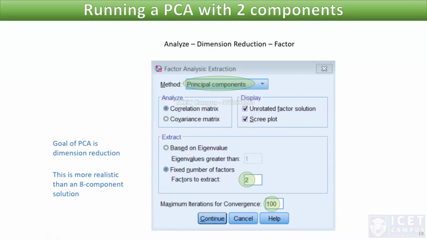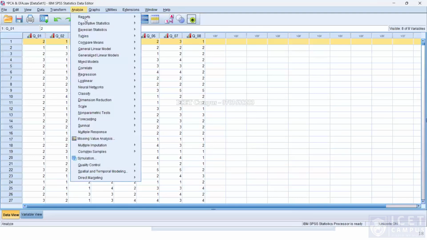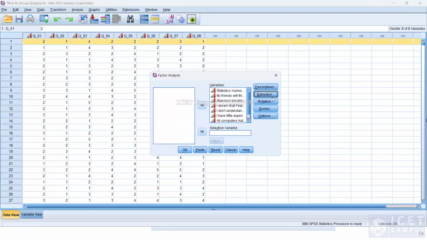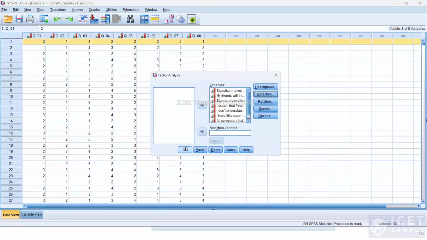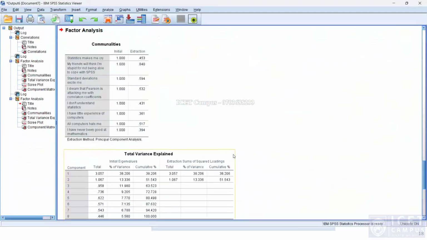Then we can go again the same path, right? Analysis, dimension reduction, factor, then extraction. So now we are going to extract for 2. So I am changing only this 8 to 2. Then we can take the output, right?